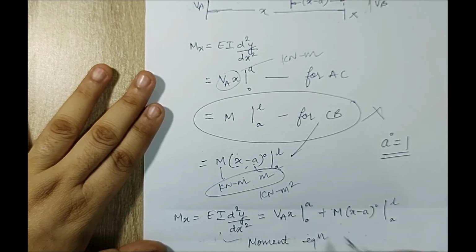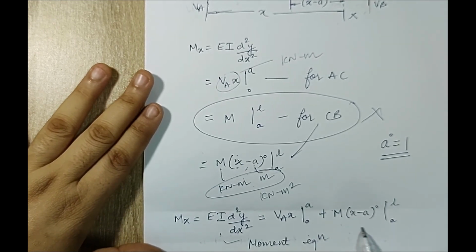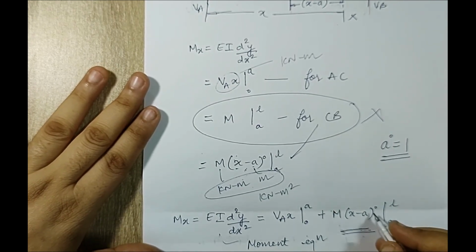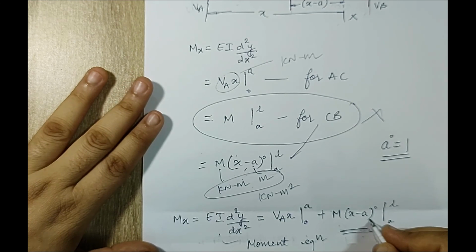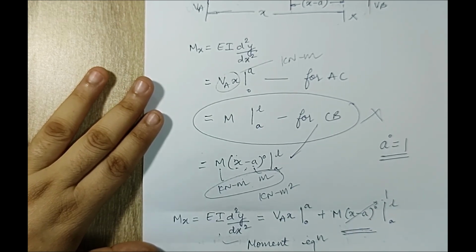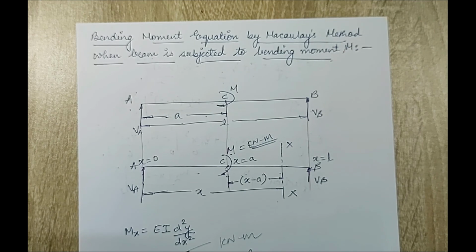This is very, very important because here you write this term x minus A raised to 0, which is introduced in the moment equation as a negligible term 1, but in the slope and the deflection equation this becomes a very significant term. So with this I end this session.